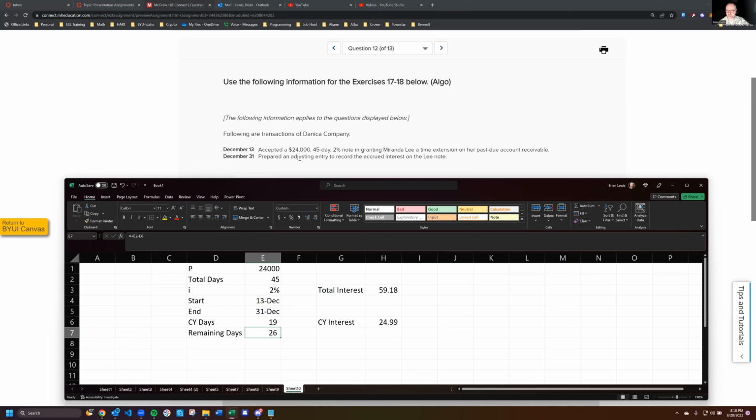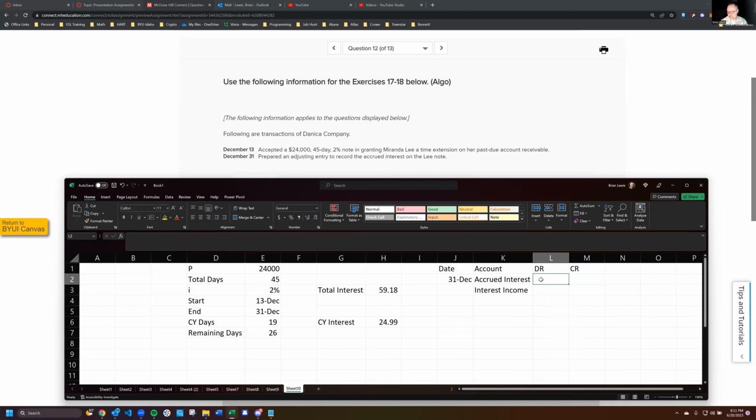Okay, so that entry for the current year then would be date, account, debit, credit. It's going to be 12/31, accrued interest, and you're going to have interest income as a credit.